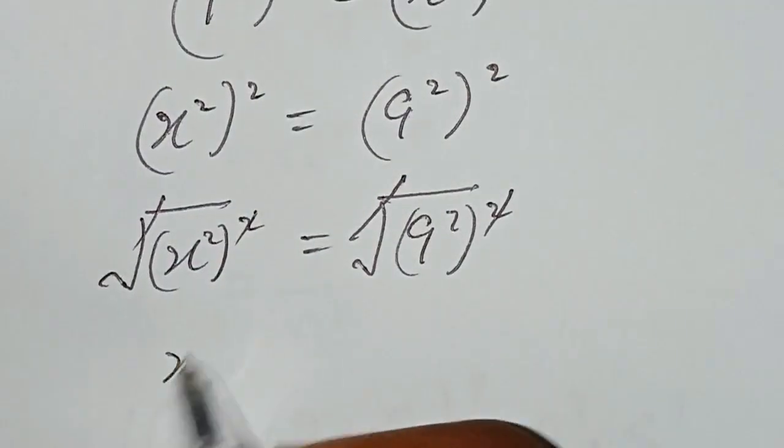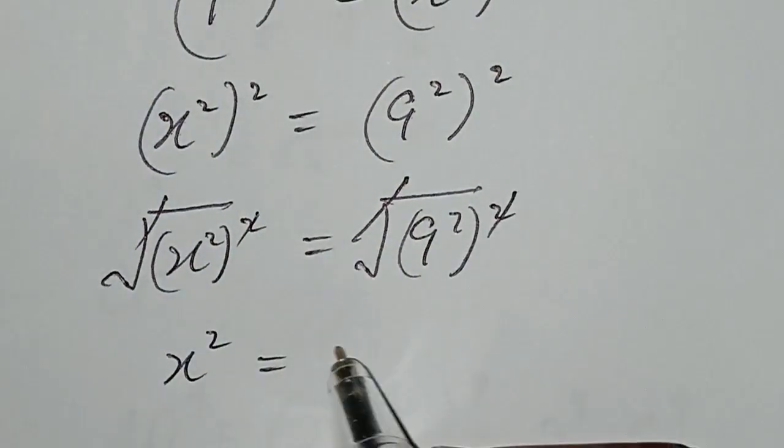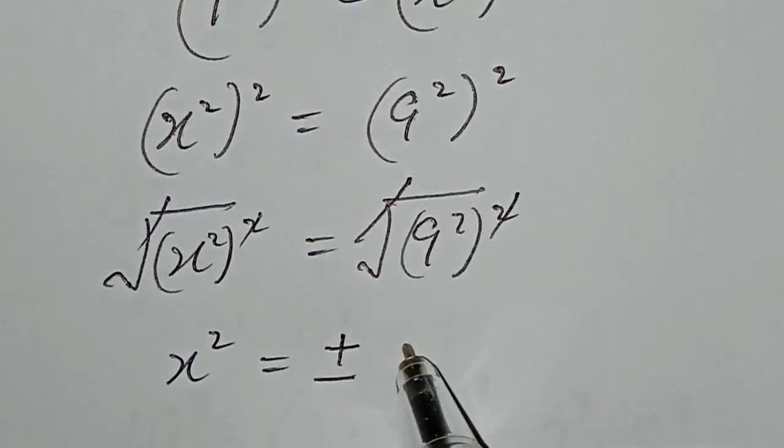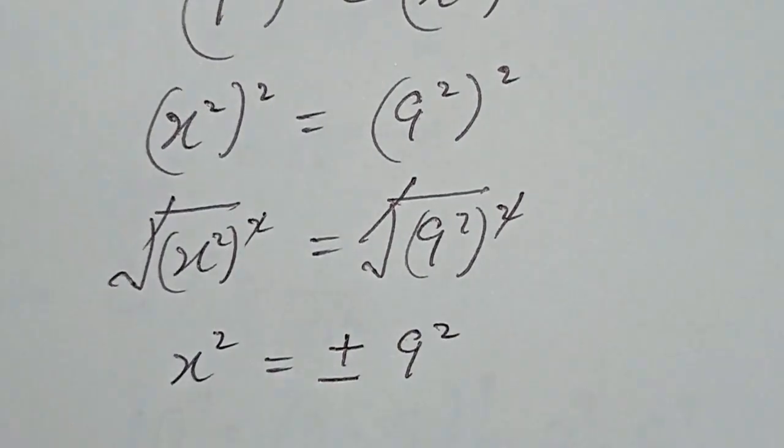So it implies that x squared is equal to plus or minus 9 squared.